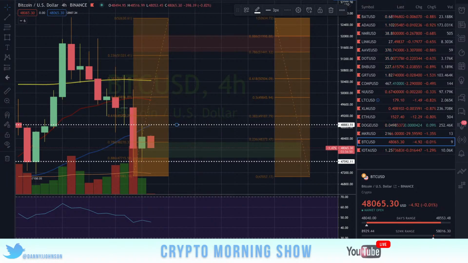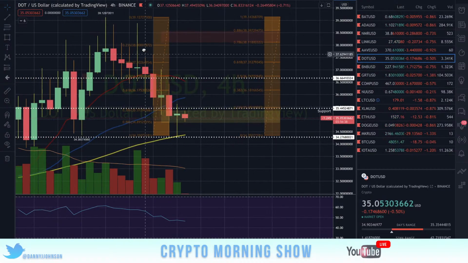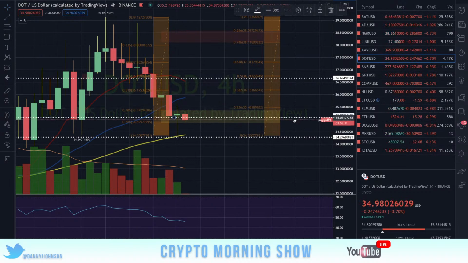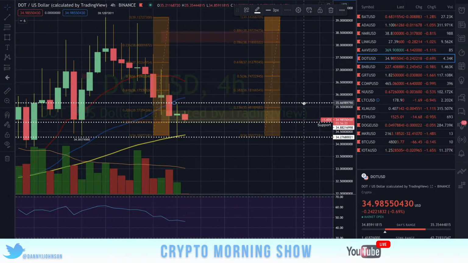Moving on, let me grab the watch list here. Yep, so moving on to DOT. Been on our watch list, and as you can see right now, we are in the, hey, let's buy some stuff zone. And support is going to be down at 34.87. And then the first area of resistance is going to be coming up there.